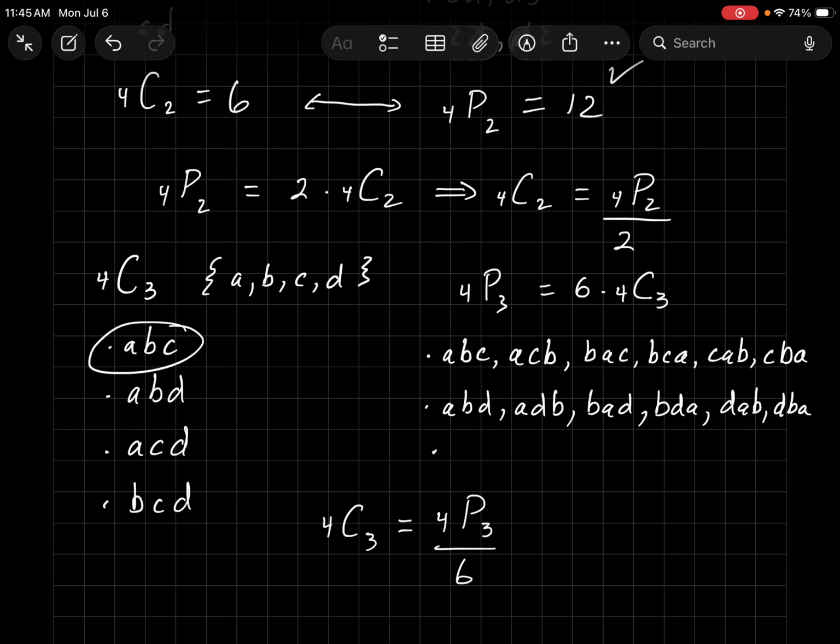Now, do you see a pattern here? Maybe. If not, let me add just a little bit extra here. What if I realize that 2 is also 2 factorial? So when I choose 2 things, I'd have a 2 factorial. And 6 is 3 factorial.